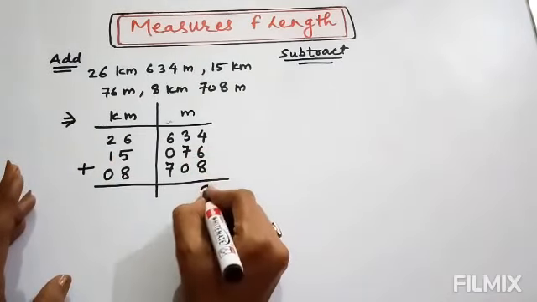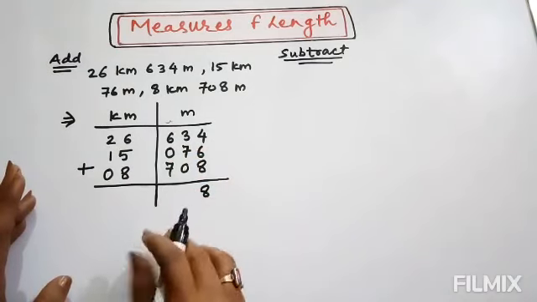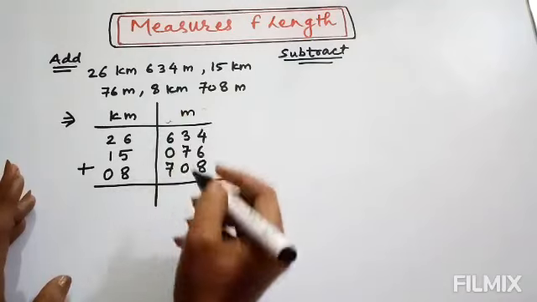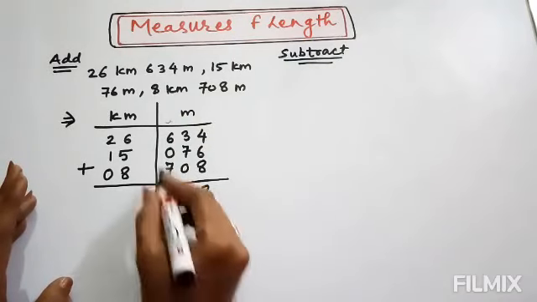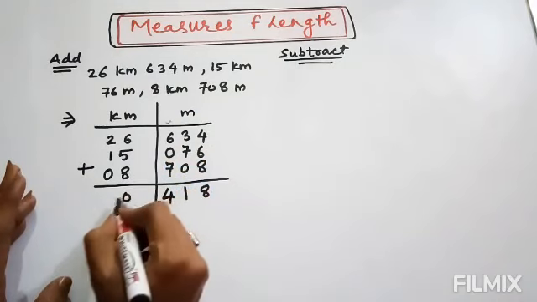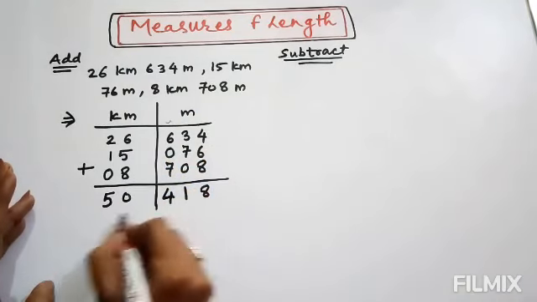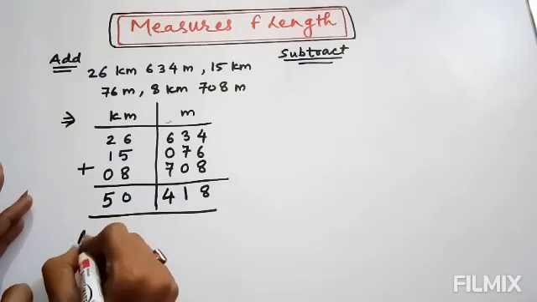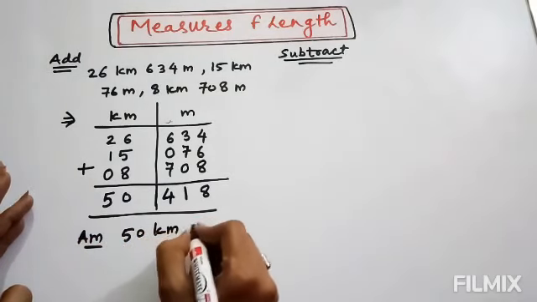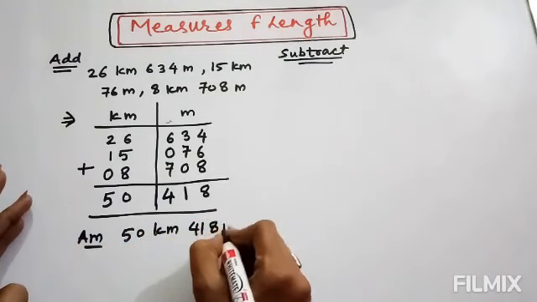Now start to add. It is a normal addition; we will add and put the carry to the next number, and we will get the sum. The answer is 50 kilometer 418 meter. Understand?